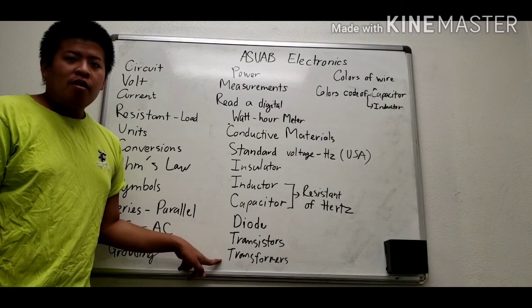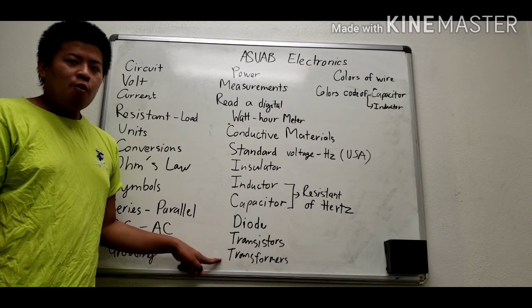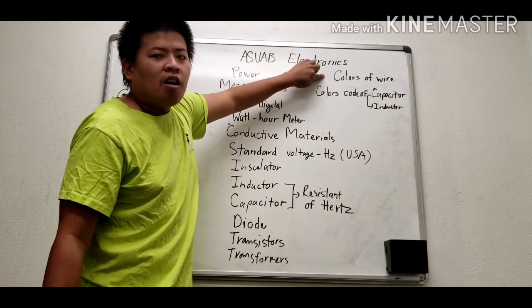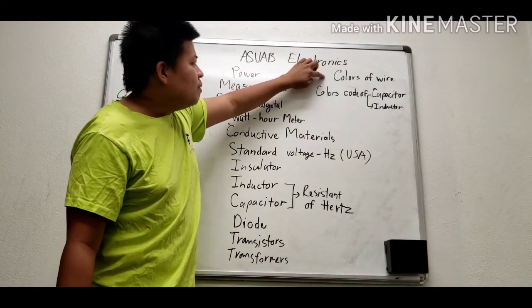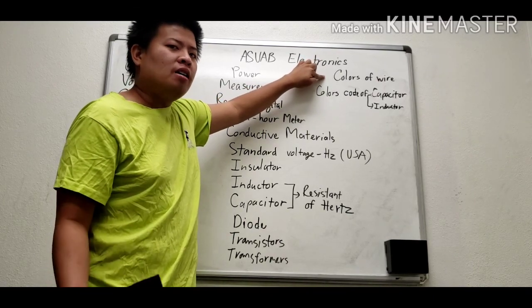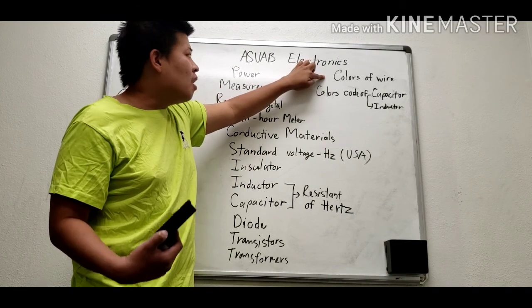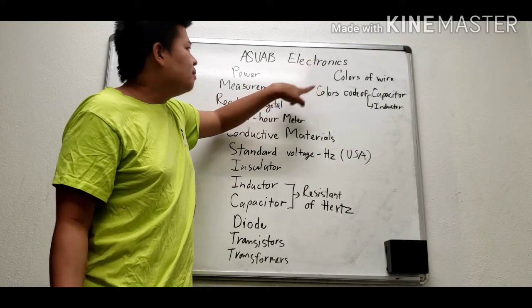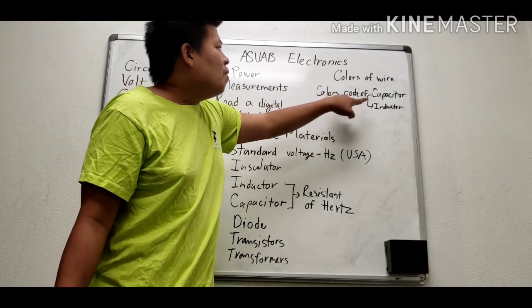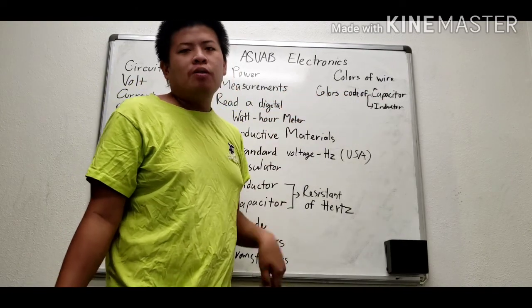We need to convert the high voltage to the low voltage. The next one is about colors of wire: what color the hot wire is and what color the routing wire is. And the last one is about the color code of capacitor and inductor.